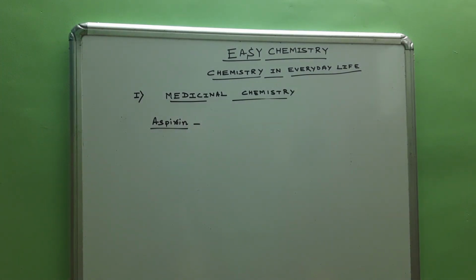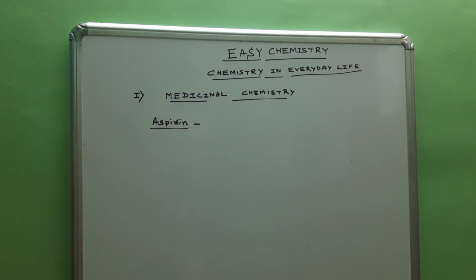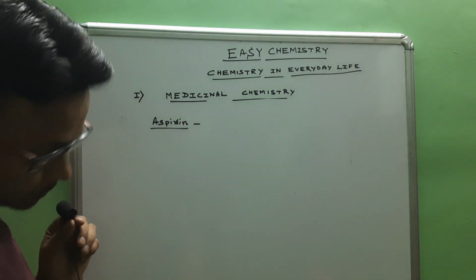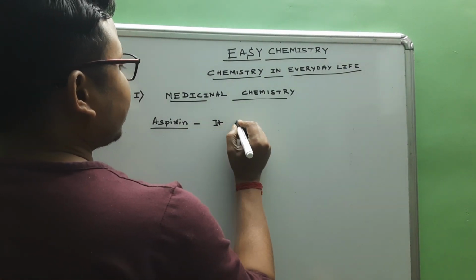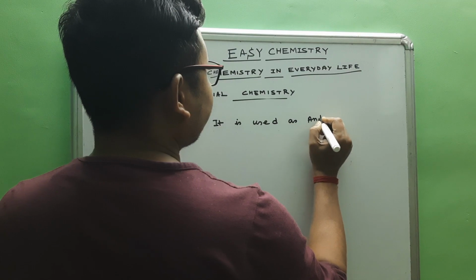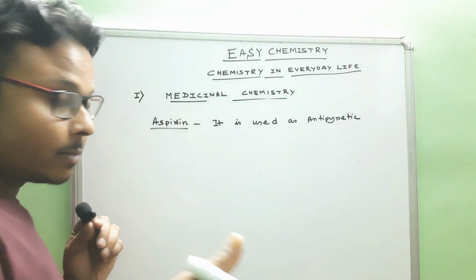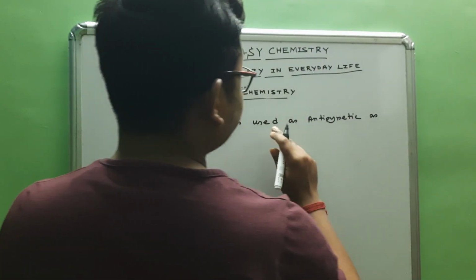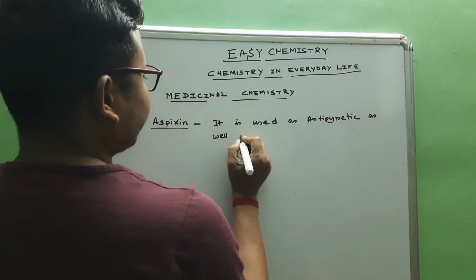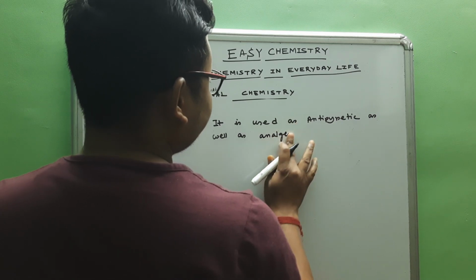Aspirin is used as a painkiller, a pain relief compound, as well as an antipyretic, to reduce fever and the high temperature of the body, and as an analgesic for pain relief.